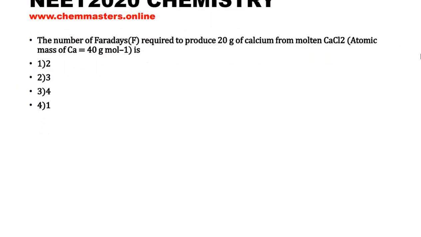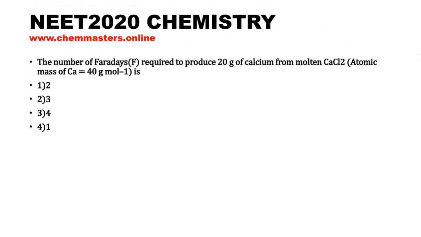Okay, right. Next one. The number of Faraday required to produce 20 grams of calcium from molten CaCl2. Here we have been given the atomic mass of calcium as 40 gram per mole. Now you can see the molten calcium is in ionic form, so that is Ca2+.